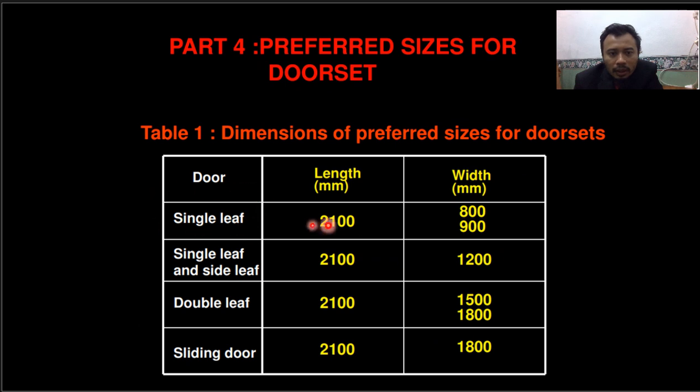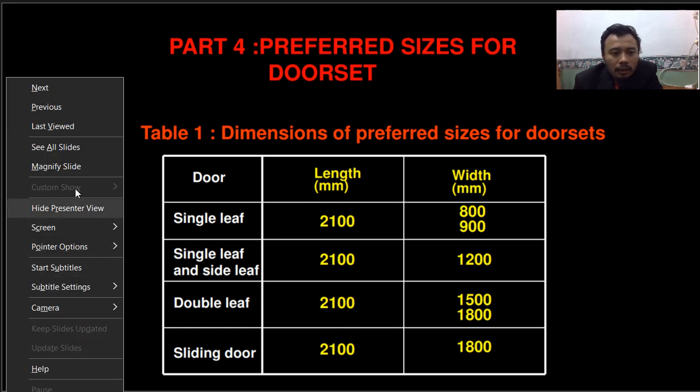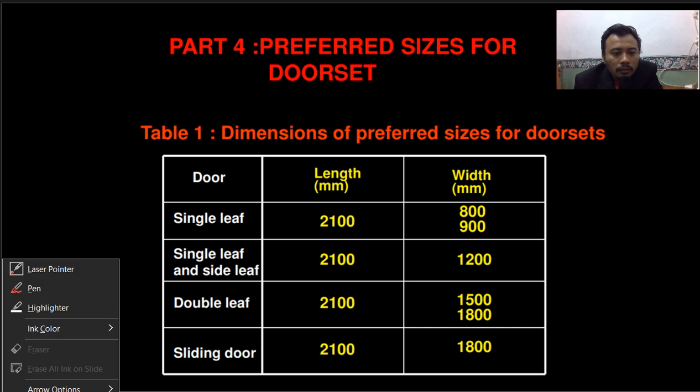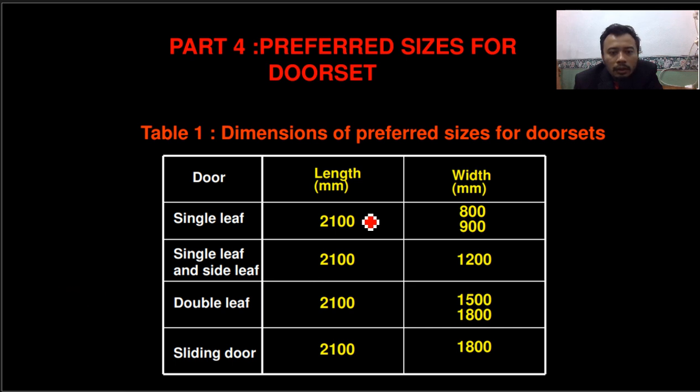For single leaf, the preferred height would be 2100, and the width is 800 and 900. Then single leaf with side leaf will be 2100 and 1200. Double leaf is 1200. But what I want to highlight is that this is 21 m.